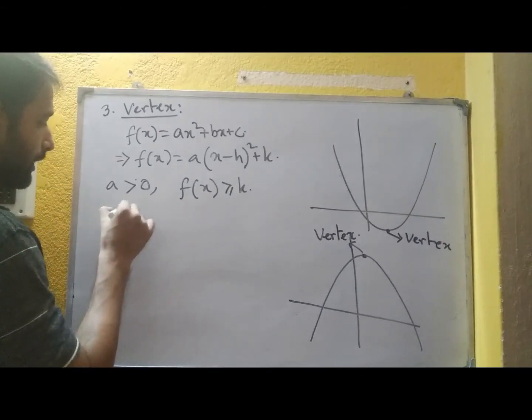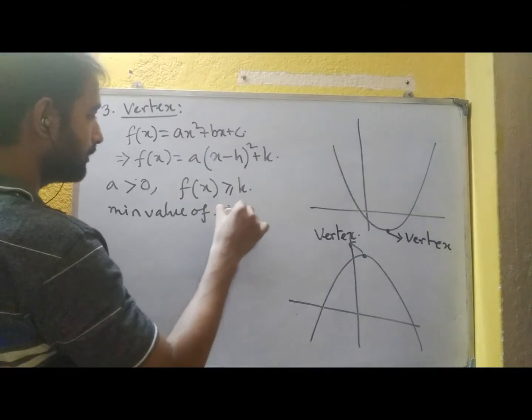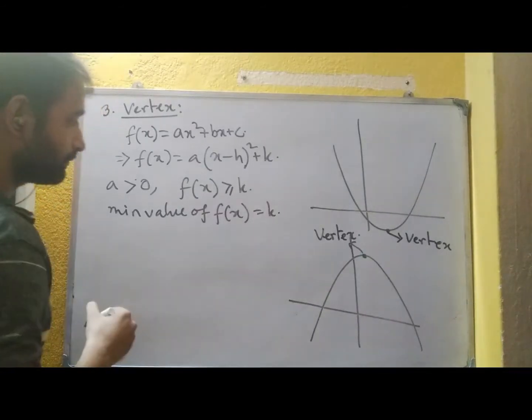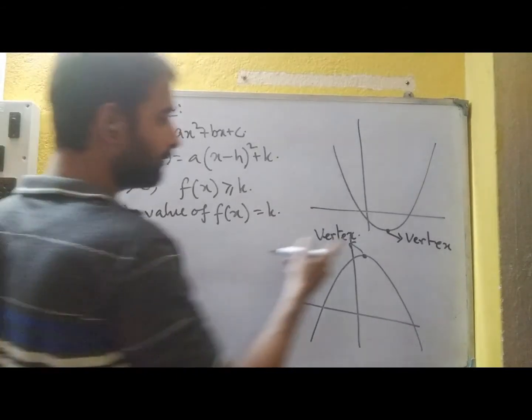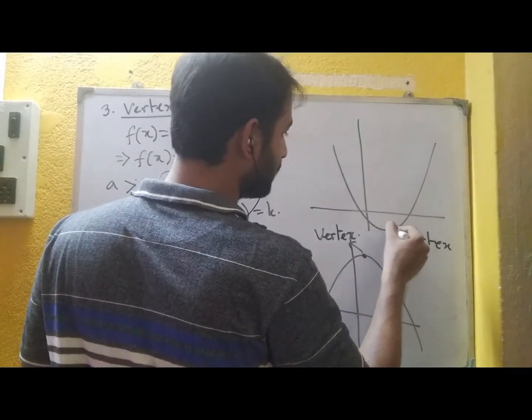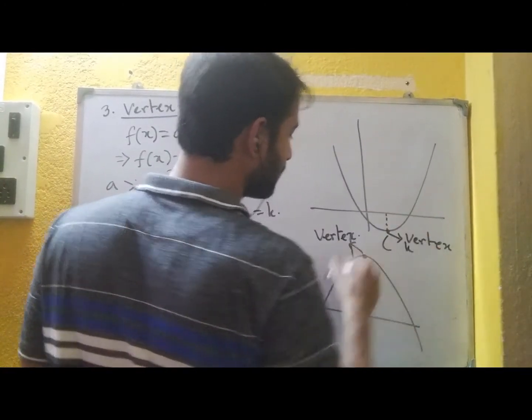So we can say that the minimum value of f(x) is k. When it is the minimum value, that means at this point the value of f(x), that means the height, is k.